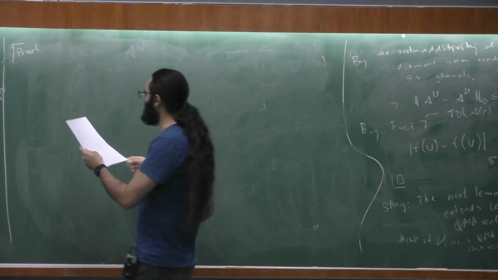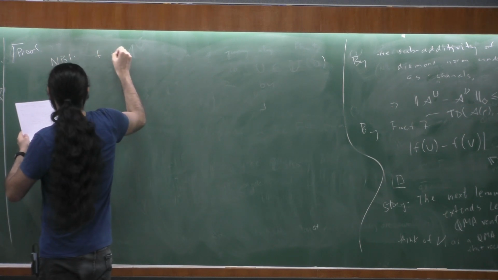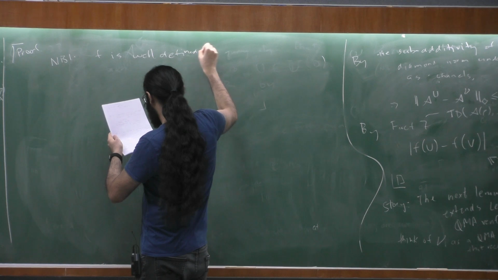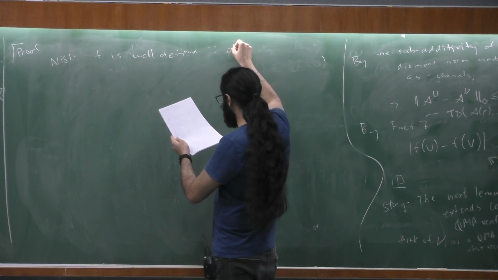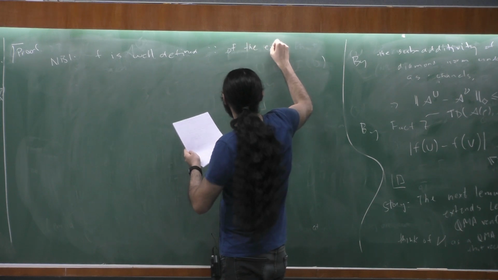Right. So for the proof, the first note is that f is well defined because of the extreme value theorem. This actually I don't understand myself, so maybe you guys can help.